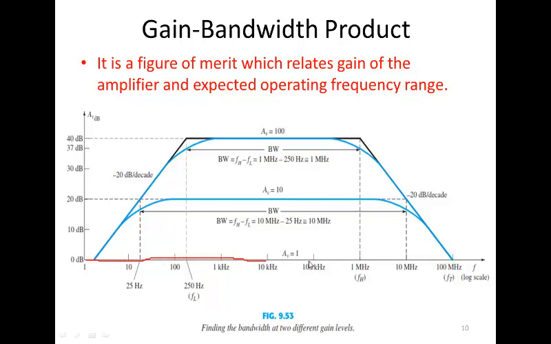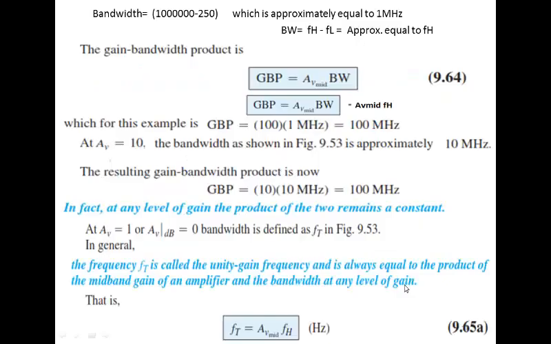At this axis the gain would be equal to 1, so the cutoff frequency would be equal to fT, which is called the unity gain frequency, which is 100 megahertz. So 1 into 100 megahertz is 100 megahertz. With a gain of 1, the cutoff frequency would be 100 megahertz.